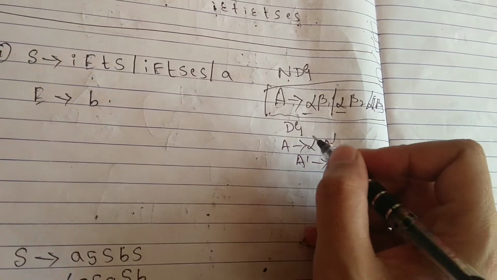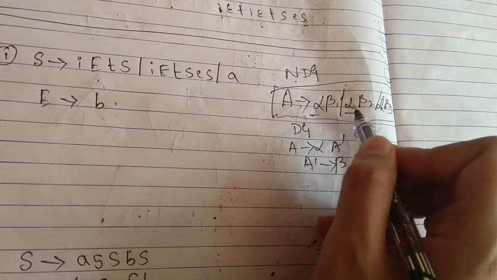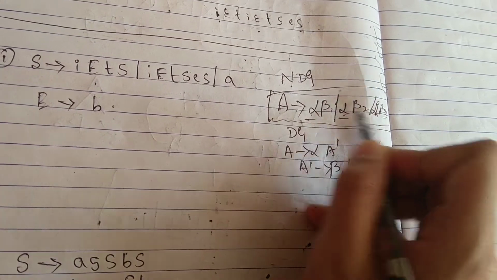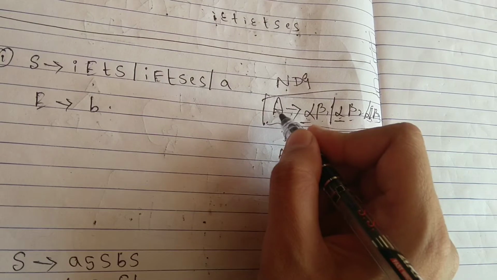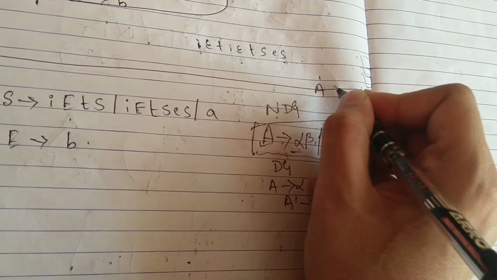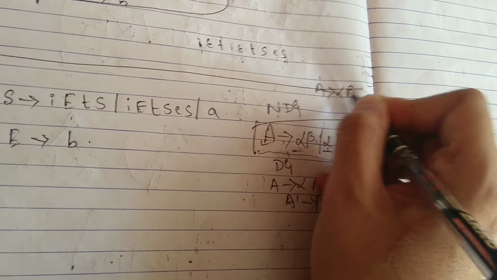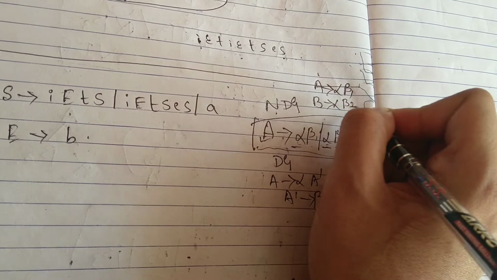Okay, so it is a non-deterministic grammar only when we have the same common prefix for the same variable. If I consider it like this, A tends to alpha beta 1, B tends to alpha beta 2.